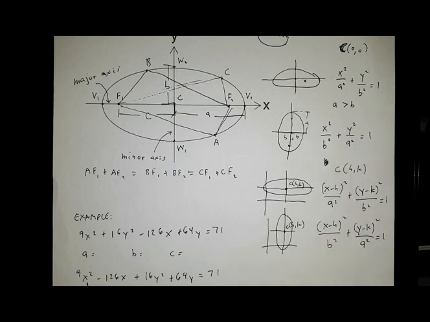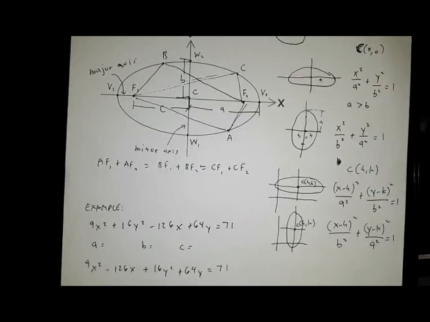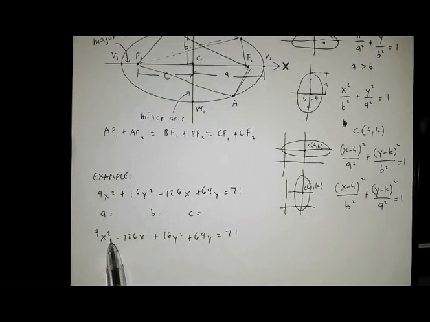Now our goal here is to convert this into the standard form. So the x and y terms must have a coefficient of 1. Therefore we have to factor out the numerical coefficient of x and y.